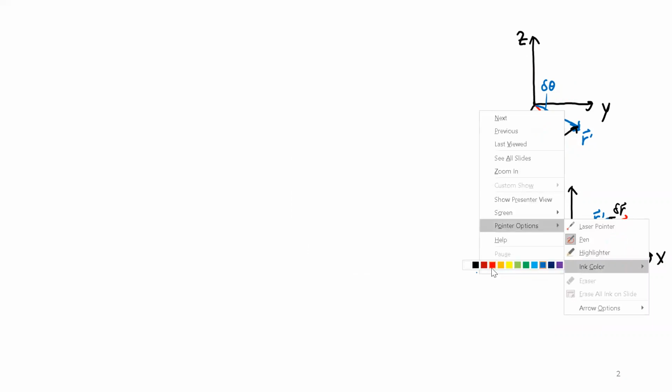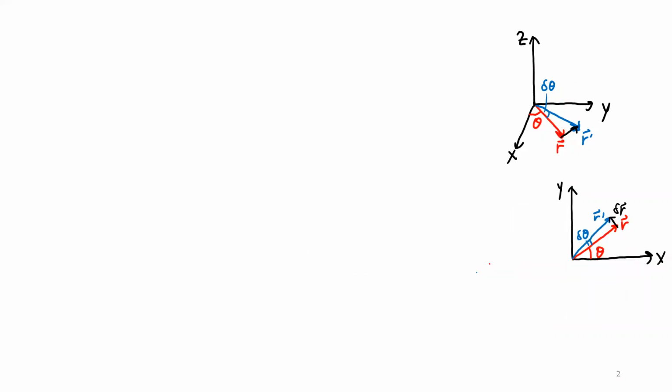So originally, the R vector. Let's say the length of the vector is capital R, and that is fixed. So then this R vector, what is it? It is R cosine theta x hat plus R sine theta y hat, right?